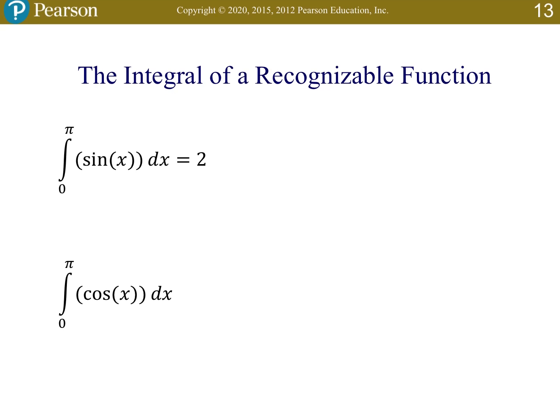So not only should you know rectangles, triangles, trapezoids, circles, semicircles, you should also be comfortable with the branches or the waves of sine. So by definition, a sine of amplitude 1, that would go up to pi here, is going to have a bounded area of 2.